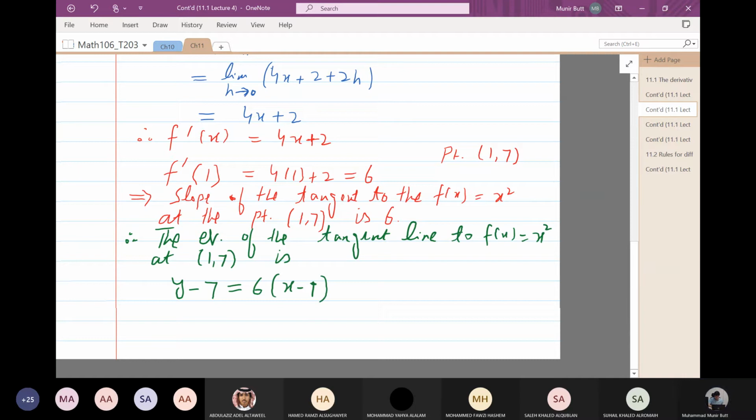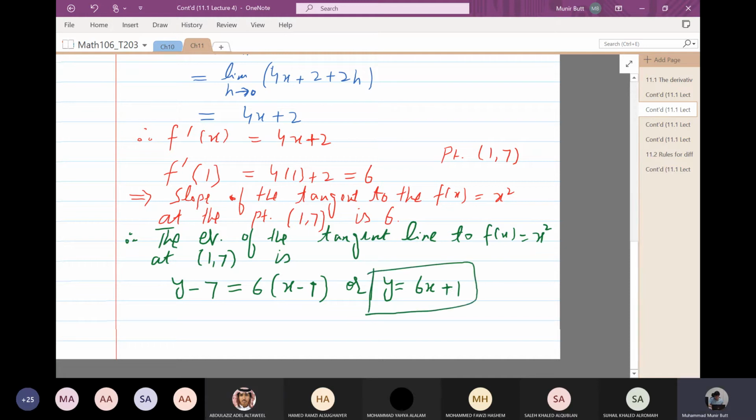Agree? Or y is equal to 6x, and the 7 will come on the right hand side. So 7 minus 6 will be 1. And this completes the solution.